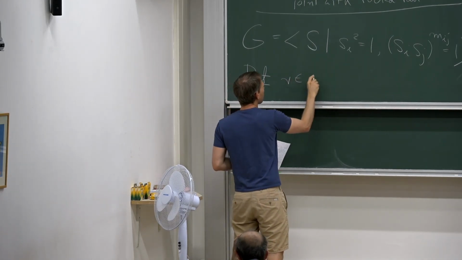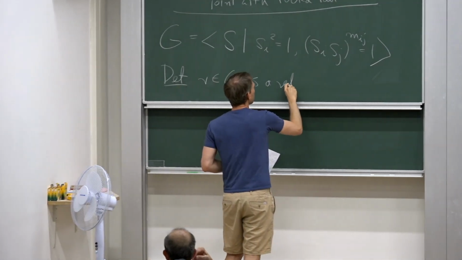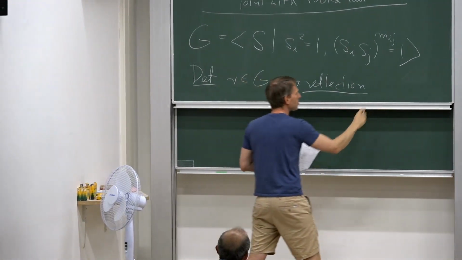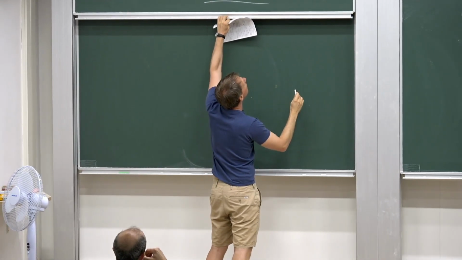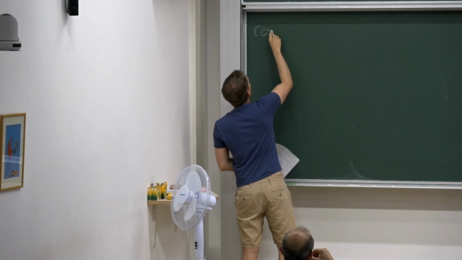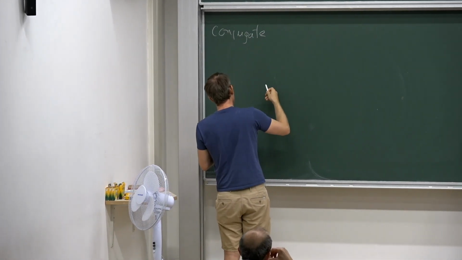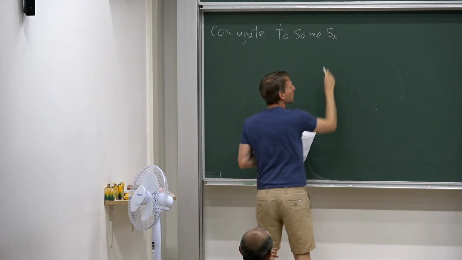So an element R of the Coxeter group is a reflection if it is conjugate to some generator Si.